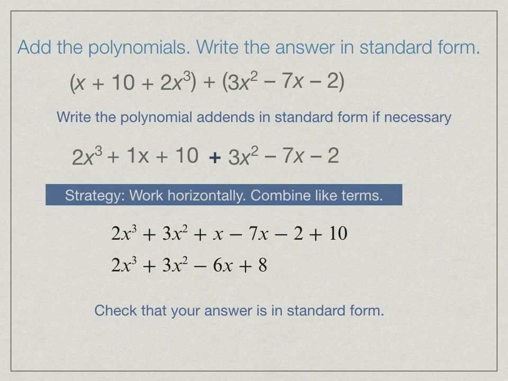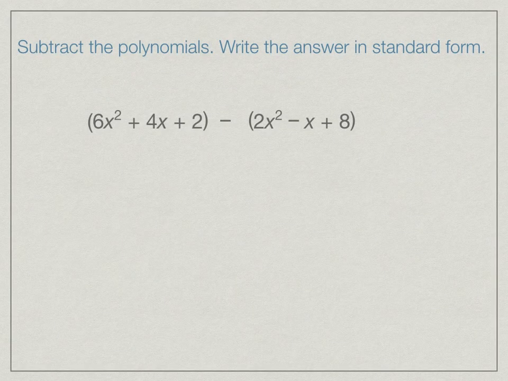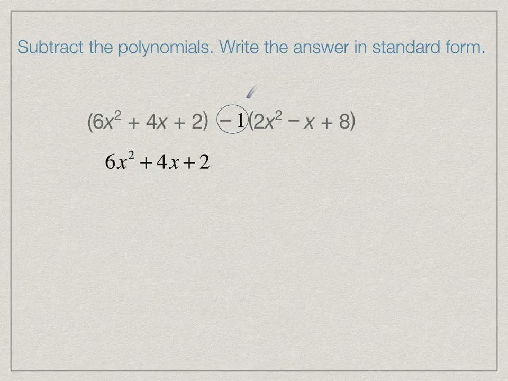All right, so let's take a peek at subtracting polynomials now. And the suggestion that we have for you is to ignore the parentheses of the first polynomial, put a -1 in front of the second one, remembering that we have to distribute that -1 to all three terms.